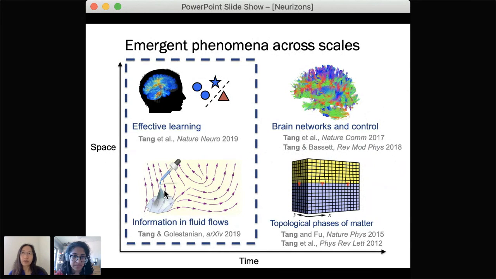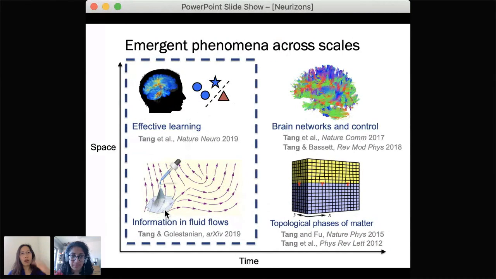Ultimately, I don't think we're there yet. But ultimately, it would be great if we could understand a bit better one day how things scale up from the microscopic scale to the macroscopic scale. That's also why in this slide I have this axis on space, because a lot of times when we think about cognition, we look at it from the more macroscopic scale.